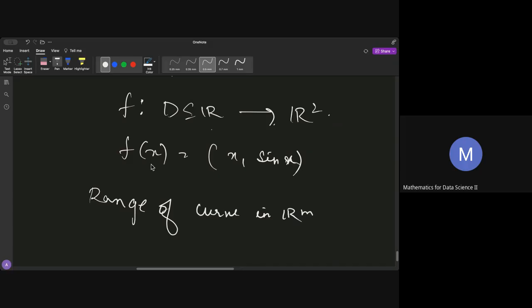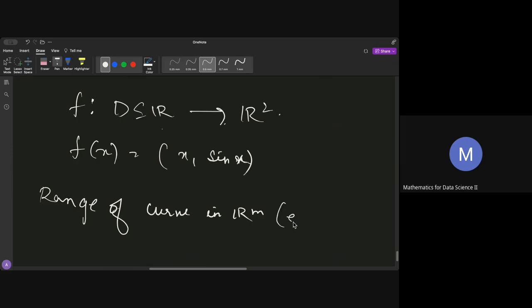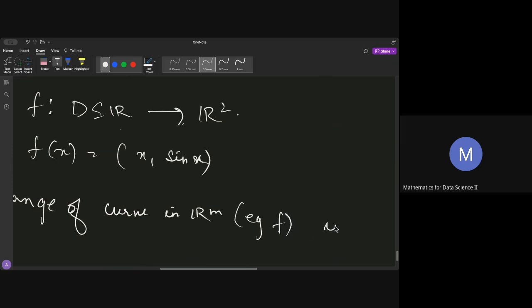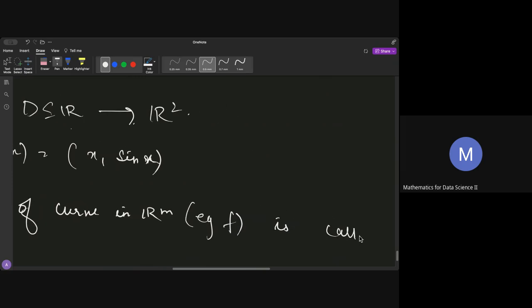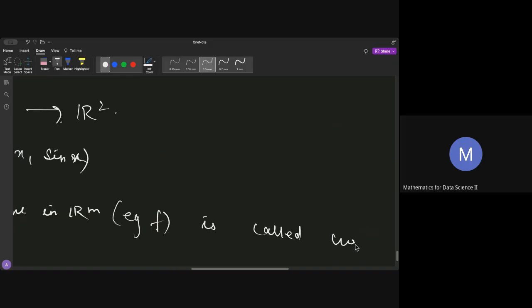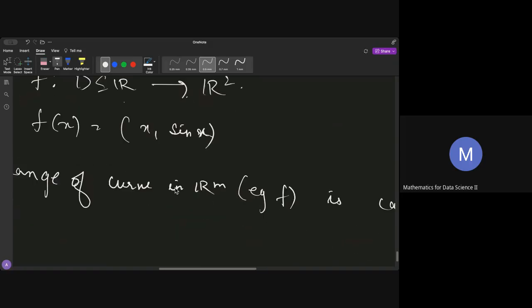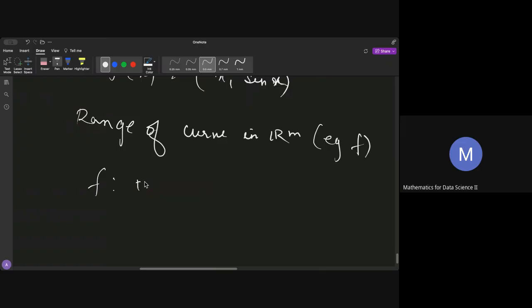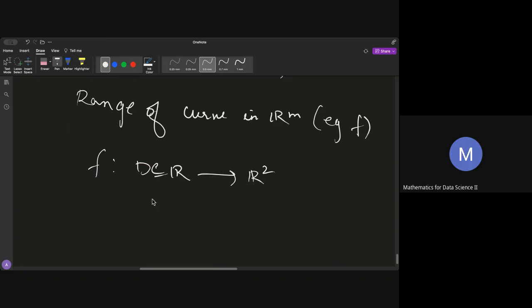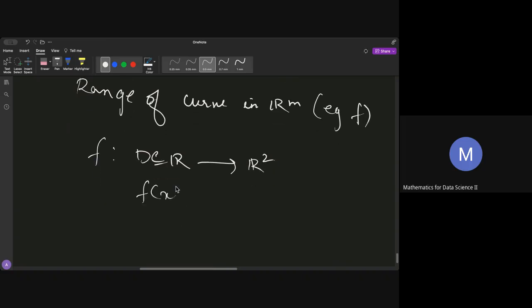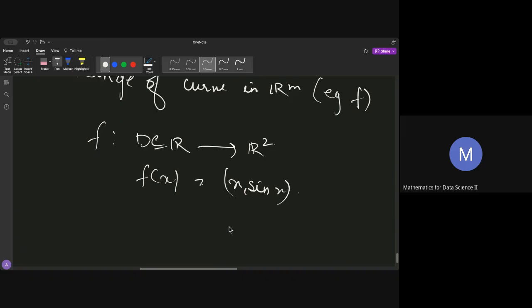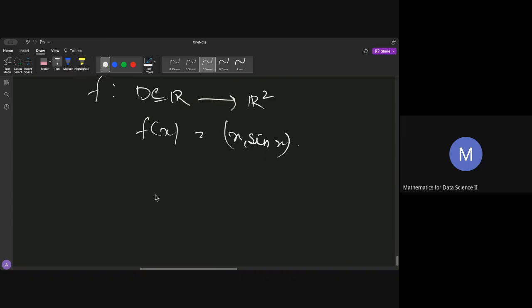In this particular example, f is called a curve. So let's continue with this particular example only. Let's say you have a function f from D contained in R. That means your domain is in real numbers and your codomain is in R2, and the function is defined to be f(x) equals (x, sin x). Then what's the range of this function?